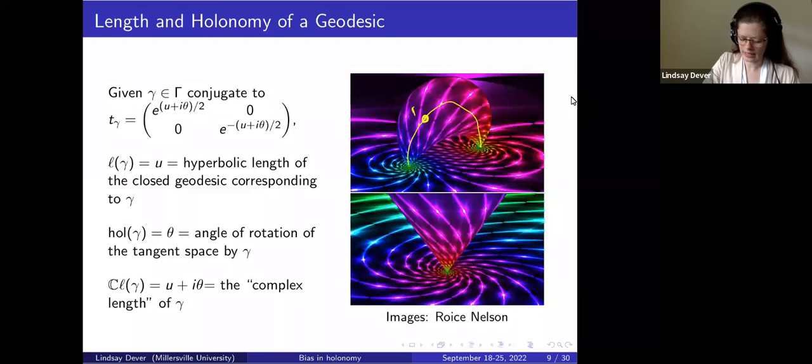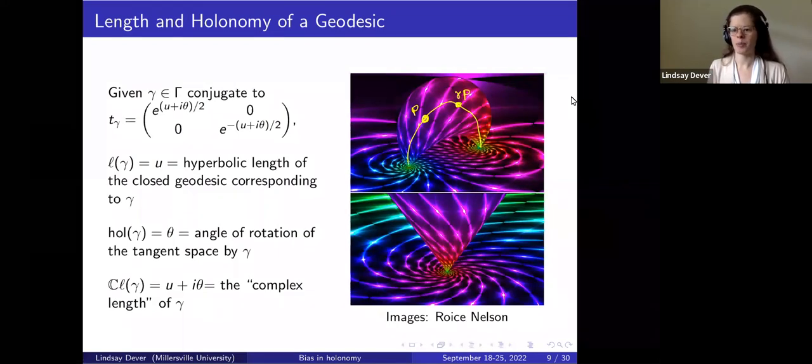And it turns out that it will keep this geodesic invariant, which means that if we act by gamma, P will map to some gamma P that is also on that geodesic. Okay, so what this means is that in the quotient space, H mod gamma, P and gamma P will be identified. So this isometry will correspond to a closed loop in our hyperbolic manifold.